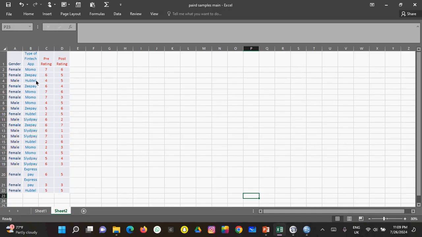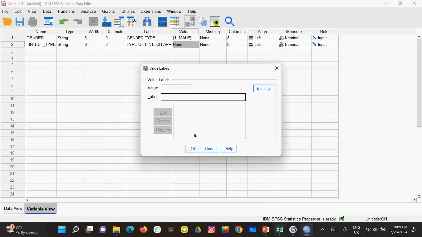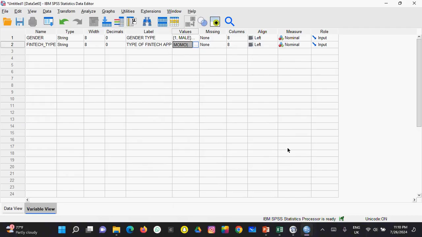So 1 is going to be Momo, 2 is going to be ZP, 3 is going to be Haftel, 4 is going to be Slide P, 5 is going to be Express P. This is still a nominal type of data, so let's leave it like that.